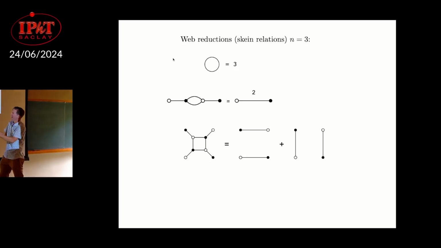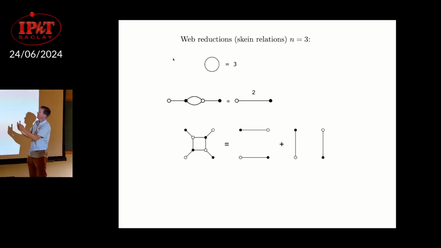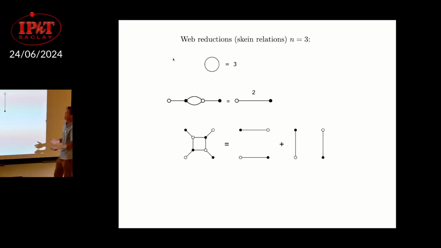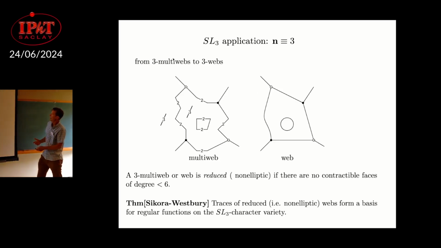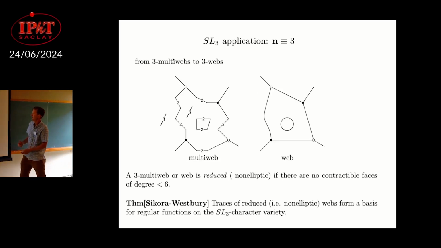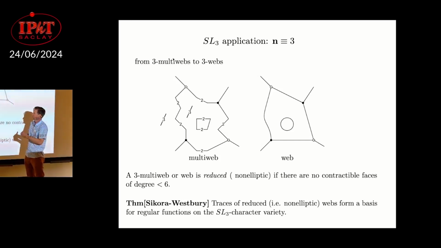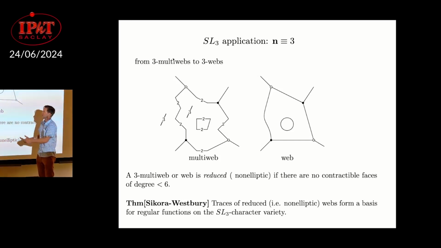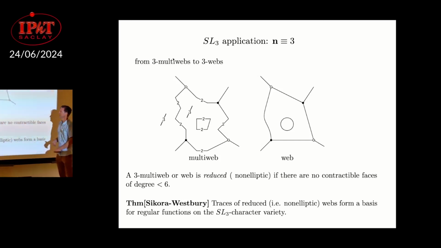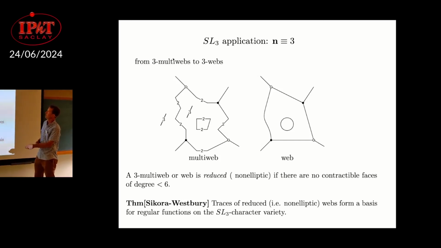Those reductions act on the linear space of linear combinations of webs, but they preserve the trace. And so given some potentially complicated 3 multi-web, you can do these reduction rules to replace it with a linear combination of reduced webs. What is a reduced web?